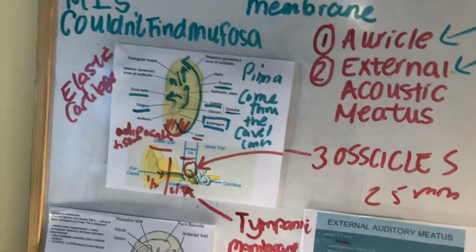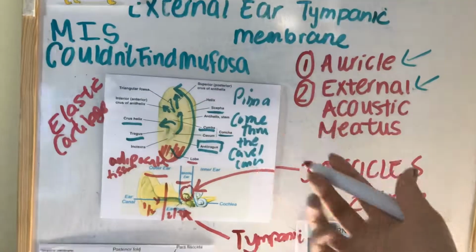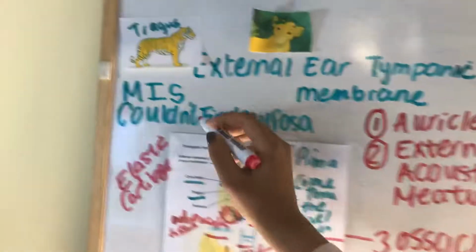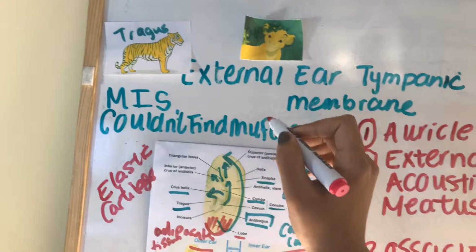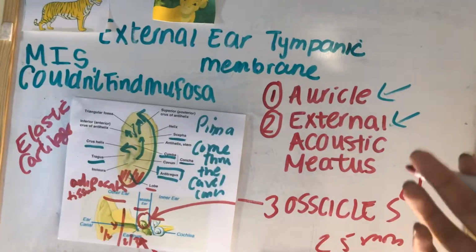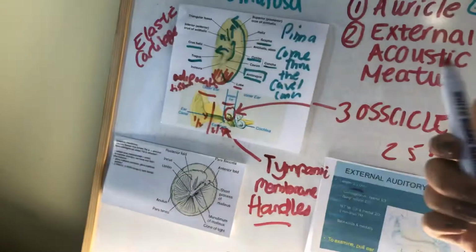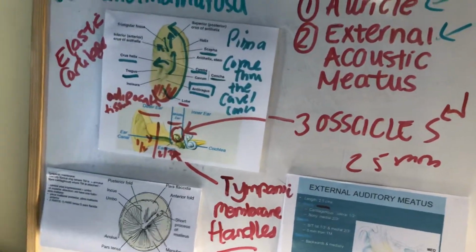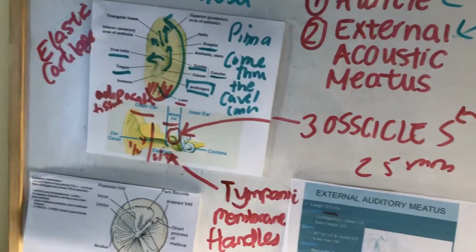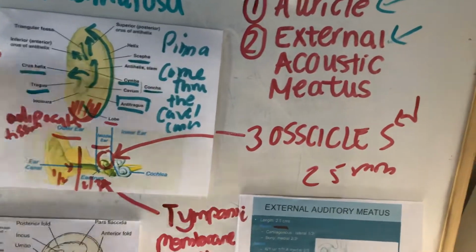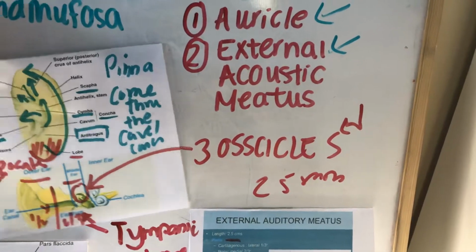So it has the malleus, incus, and stapes. Now I said three ossicles, but I didn't tell you their names. The three ossicles are called the malleus, incus, and stapes. Those are the names of the ossicles, and those are attached to the posterior aspect of our friend here, which is our tympanic membrane. Now, if we look at that next.